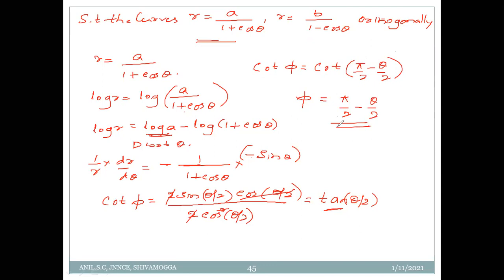Similarly, for the second curve. So take second curve and find angle between radius vector and tangent for that curve.